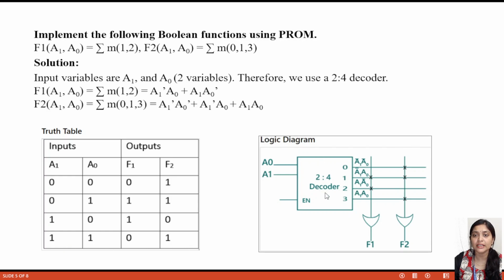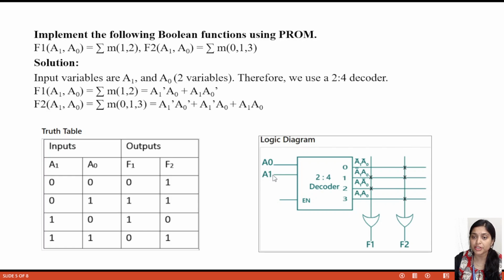Now we have to design it. There is one decoder. In the decoder, the basic principle is that with 2 inputs there will be 4 outputs. So there are 2 inputs and an enable input. If the enable input is 1, then only the decoder will work, otherwise it will not work. Based on the combination of A1 A0, the proper output will be selected. When the 0 0 combination is there, then line 0 will be active.